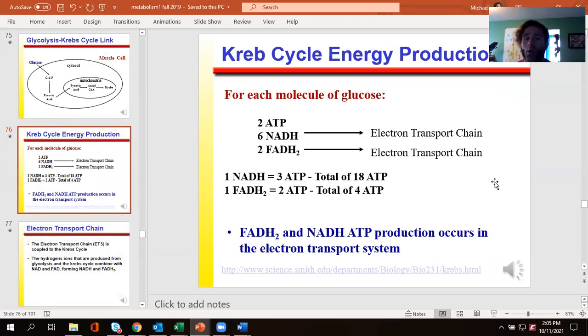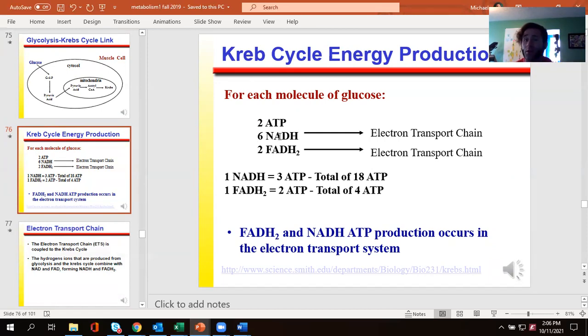Now, what we're going to find is for every single NADH that we're generating, so we're getting obviously a grand total of 1, 2, 3, 4 of them from glycolysis, and then we're getting a number of them as well from the Krebs cycle.